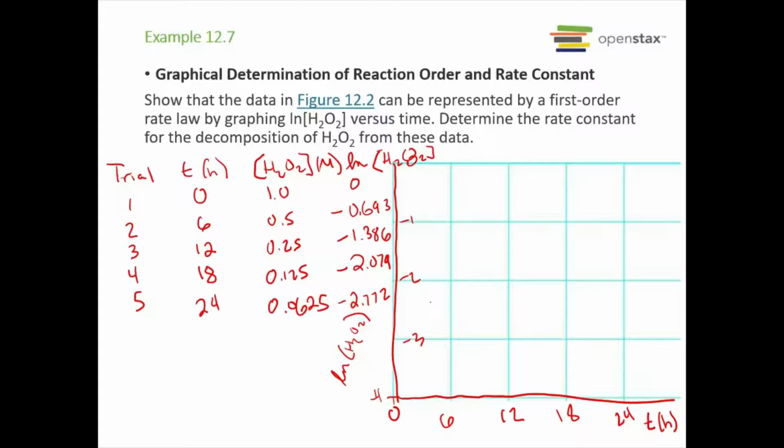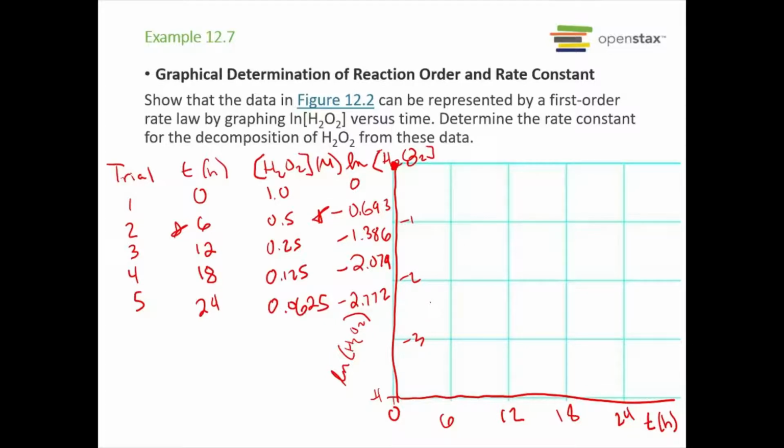Okay? So at time 0, my natural log of H2O2 is 0. So that means I have a point right up here at the tippy top. At 6 hours, my natural log is negative 0.693.